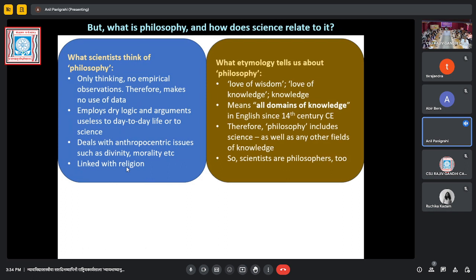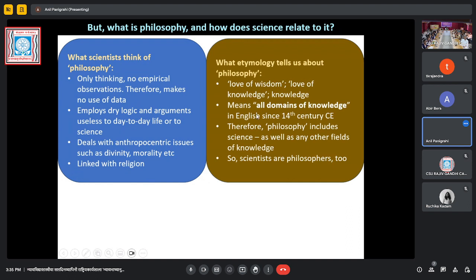Now, if we look into the etymology of philosophy, in English, it is derived from the Greek terms that mean the love of wisdom. And love cannot arise without respect, and wisdom cannot arise without knowledge. So we can say that philosophy means love of knowledge.